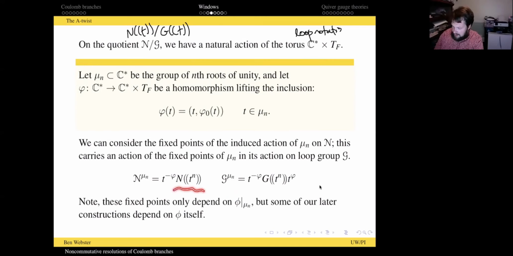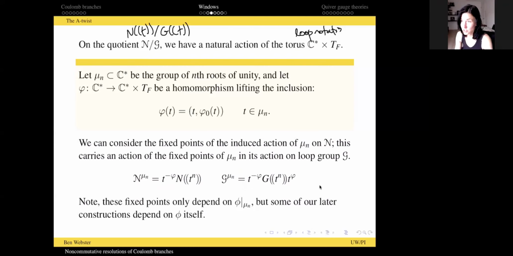It's basically a scaled copy of my original loop space. Essentially, all I have to do is make the loops n times bigger. So if I have some loop, I can do this. And I just have to, unfortunately, add in a factor of t to the minus phi, and here I have to conjugate by that guy.